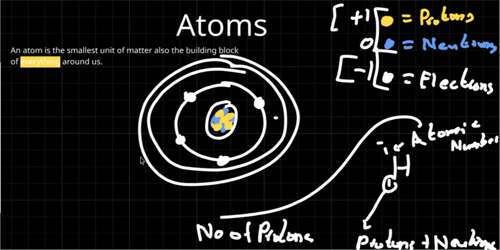The atomic number tells you how many protons it has, as I wrote here. And the mass number is how many protons and neutrons it has.